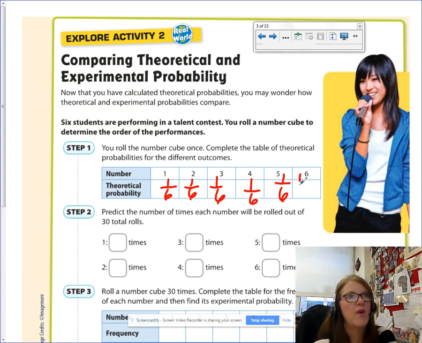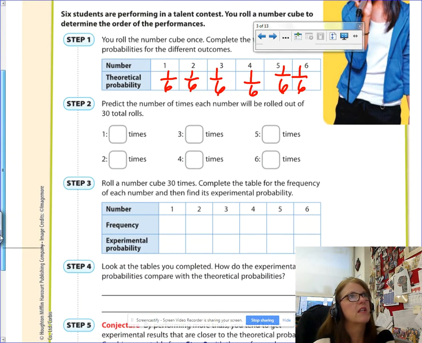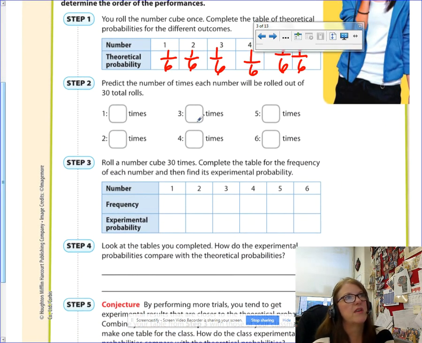We haven't actually done the experiment, but we know if it's a fair die, meaning it's not weighted so that one number pops up more frequently than the others, this is what should happen. Step 2, predict what should happen when you roll it 30 times. Since they're all equally likely, 1/6 times 30 happens to be equal to exactly 5.